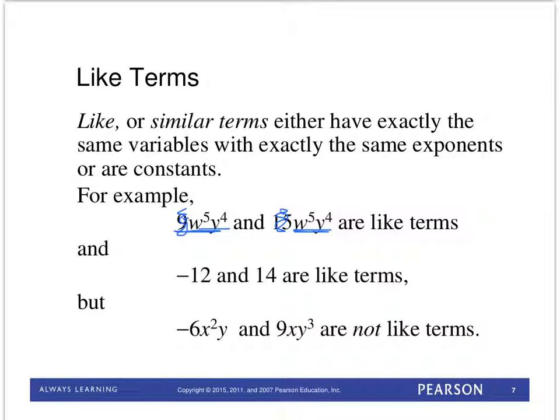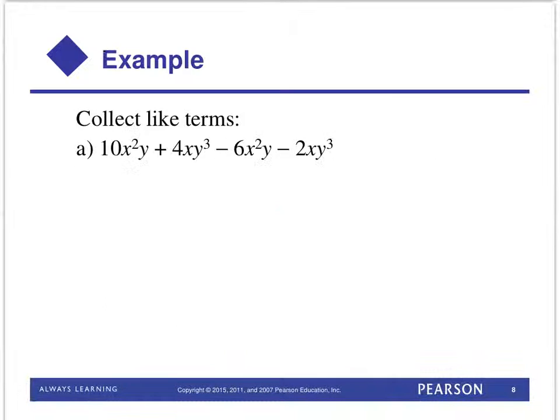We're just looking at the variables. Now these are constants, so we can always put them together. Are these twins? x to the second is not the same as x to the first, and y to the first is not the same as y to the third. So these are not like terms.